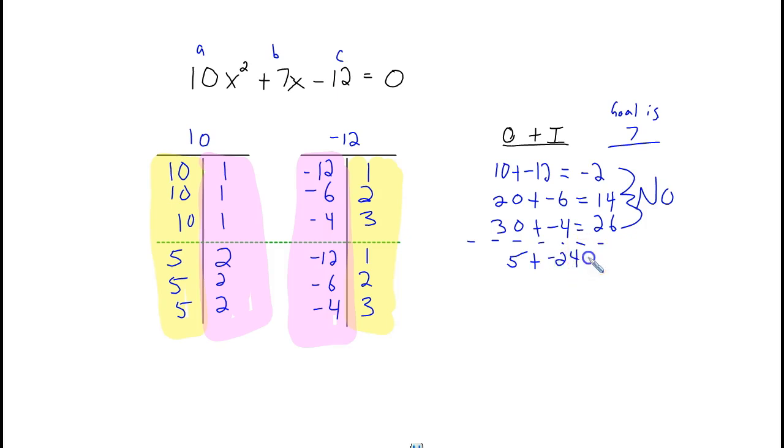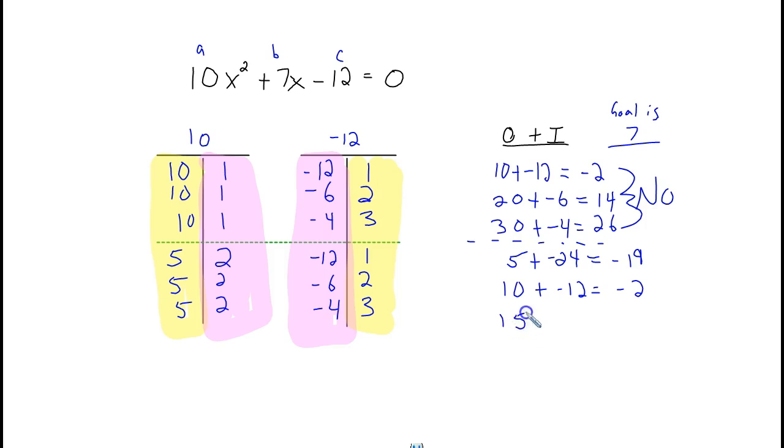And 5 minus 24 is negative 19. I'm still not there because my goal is 7. 5 times 2 is 10. 2 times negative 6 is negative 12. Negative 2 is not going to work. I'm looking for 7. I've only got one possible combination left, so let's try it.